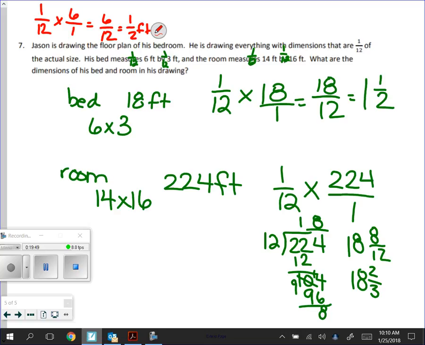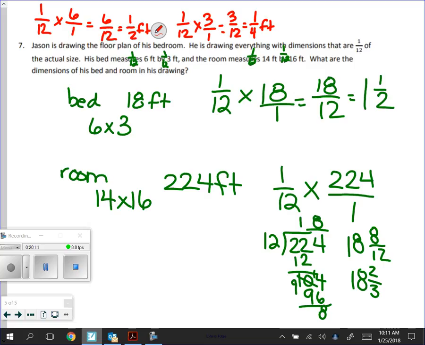Is that what you got for that one with the 6? And then if you did 1/12 of 3, 1/4 of a foot for the bed, that would be the dimensions of the bed.